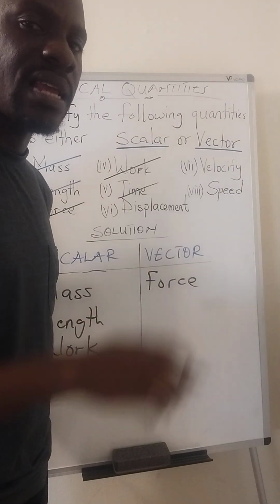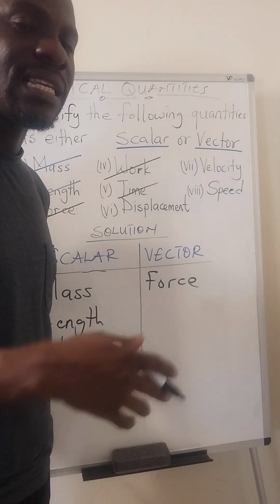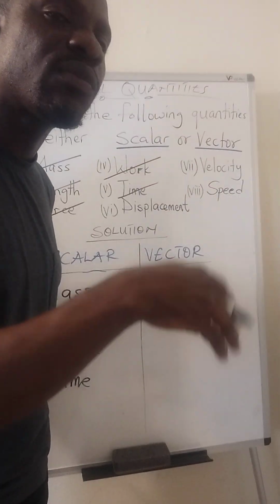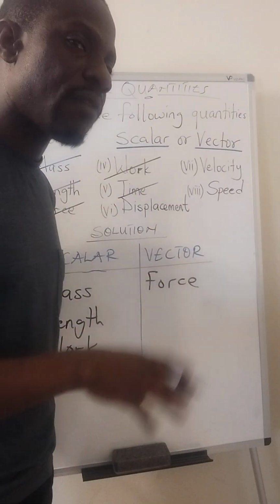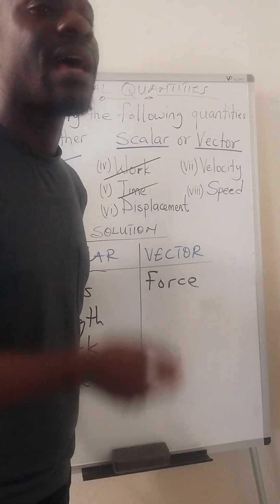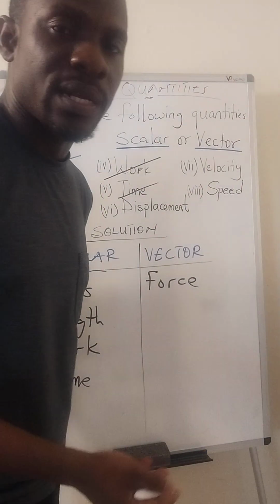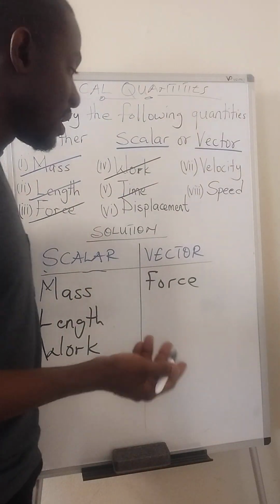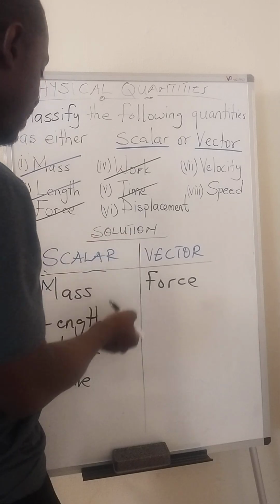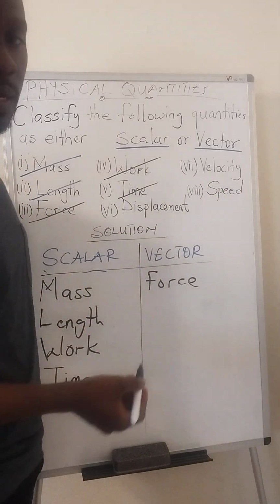Now 10 meters is length, right? But if I say 10 meters north, then it changes from length or distance to displacement, because now I've added additional information. I've added direction to it. More or less, I've given it a purpose. So displacement here is a vector quantity.